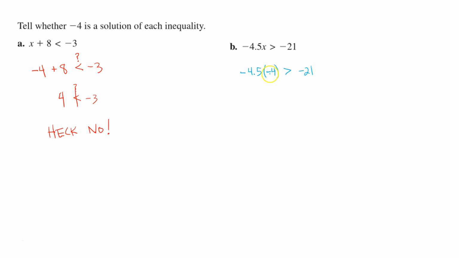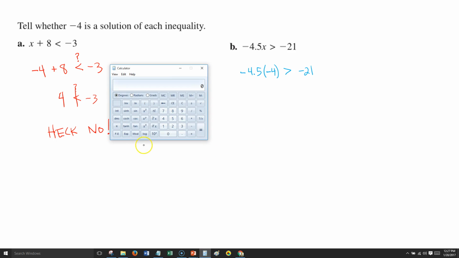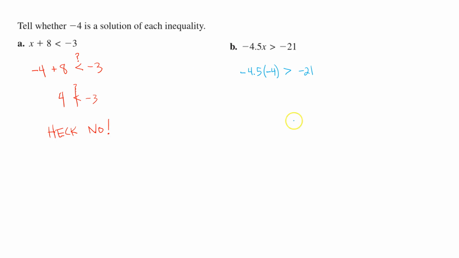Negative times a negative is positive. Let's see, 4.5 times 4 is 18. So that's positive 18. Is that greater than -21? Heck yeah!